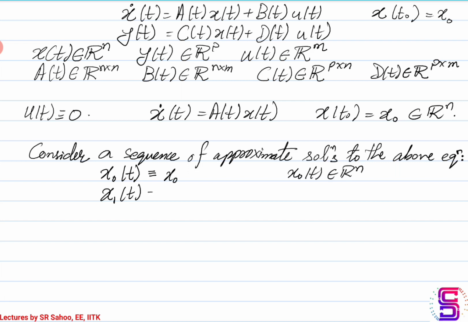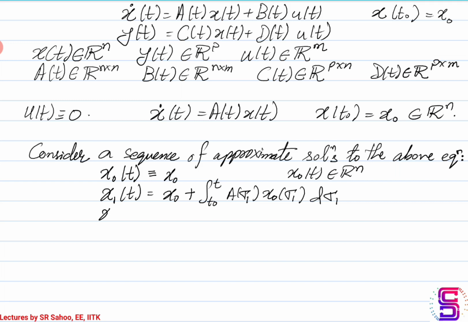x0 of t is in R^n. Okay, x1, we say that it is a solution which is this. So the next entry in the sequence is being generated by using the first entry of the sequence.